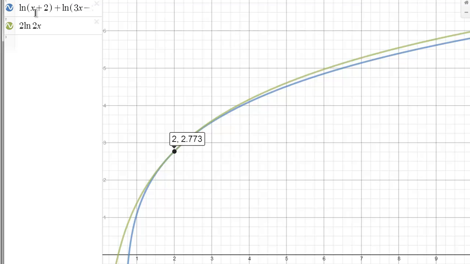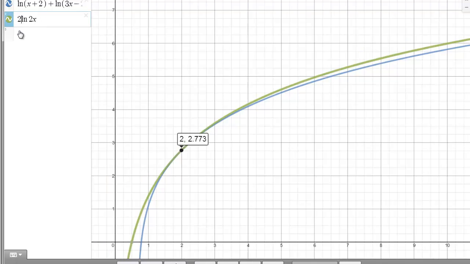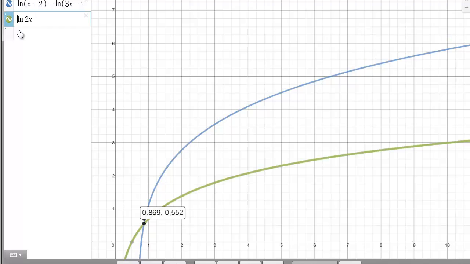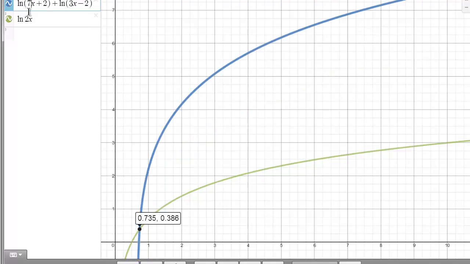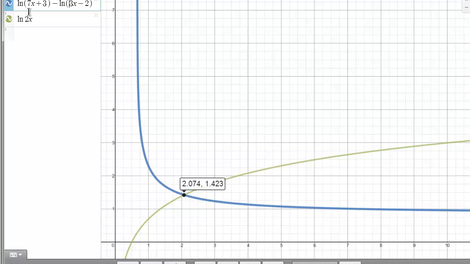Now, we want to look at that graph and see if we can verify that. So we'll come to the graph, and on the right-hand side, it was just natural log of 2x. So that changed a little bit. And on the upper part, it was natural log of 7x plus 3 minus natural log of x plus 1.